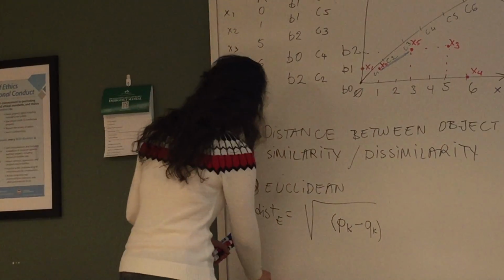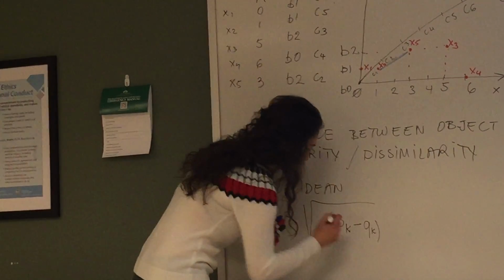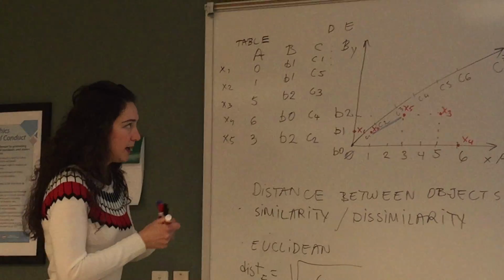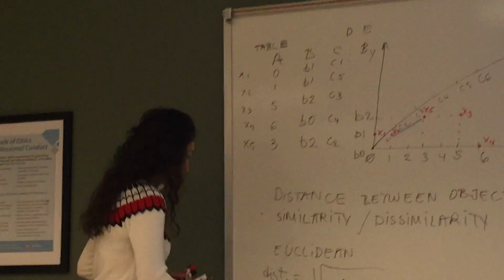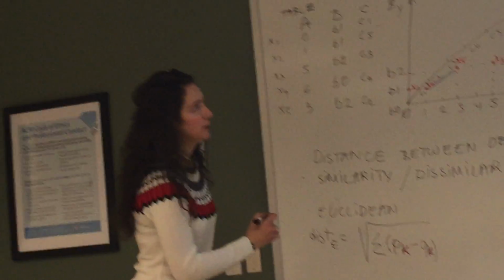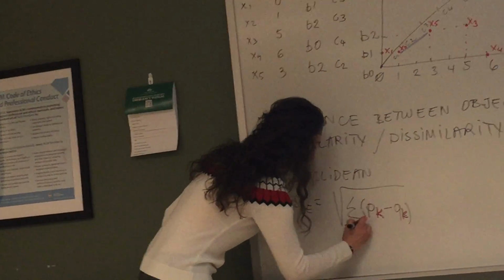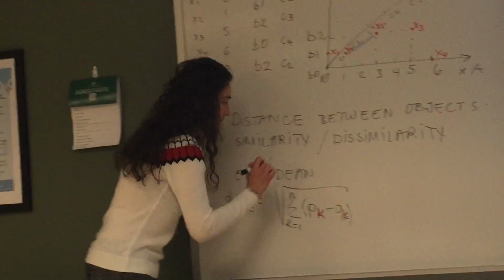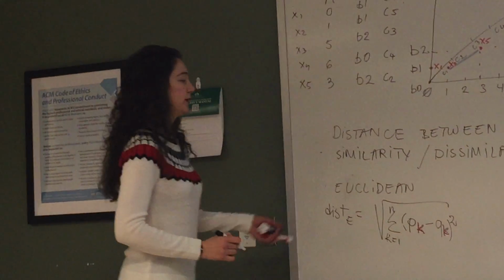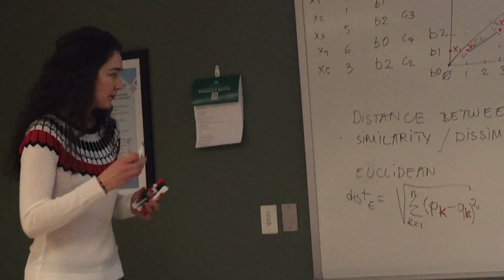So in this case it's k. And we take the sum over all of the attributes, so k will be from 1 to n. And this is squared to avoid negative values.